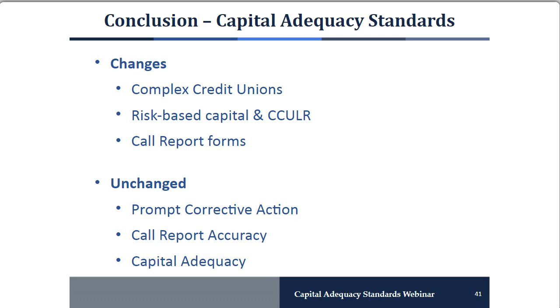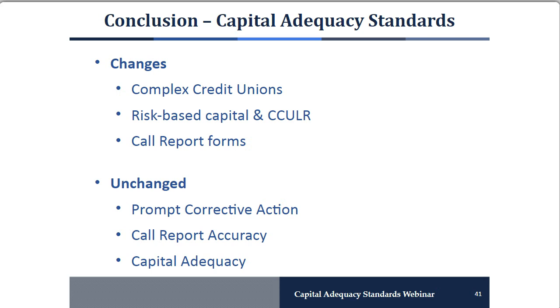For credit unions bound by risk-based capital, they will need to have a risk-based capital ratio of 10% or greater to be well capitalized. If the credit union has met the qualifying criteria for CULR and has opted into CULR, then they will need to have a net worth ratio of 9% to be well capitalized.